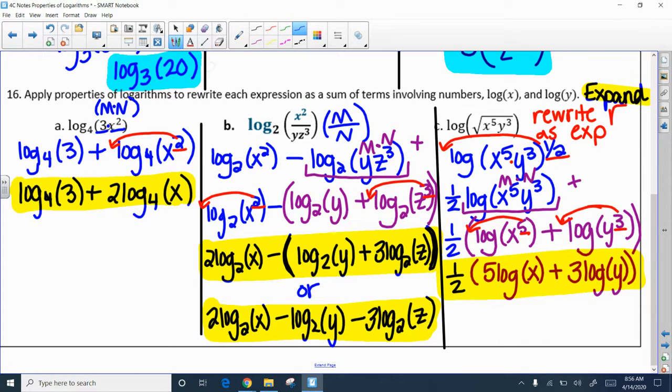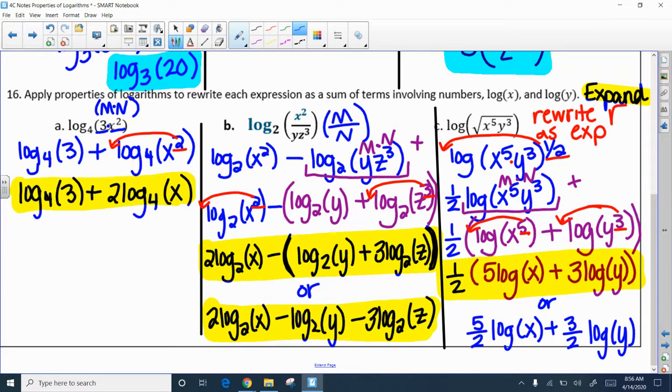We can also rewrite it by distributing that half. If I distribute the half, I'd multiply this by a half, 5 log of x times a half. That would just give me a 5 halves in the front. 5 halves log of x plus, here if I distributed the half, 1 half times 3 would be 3 halves log of y.